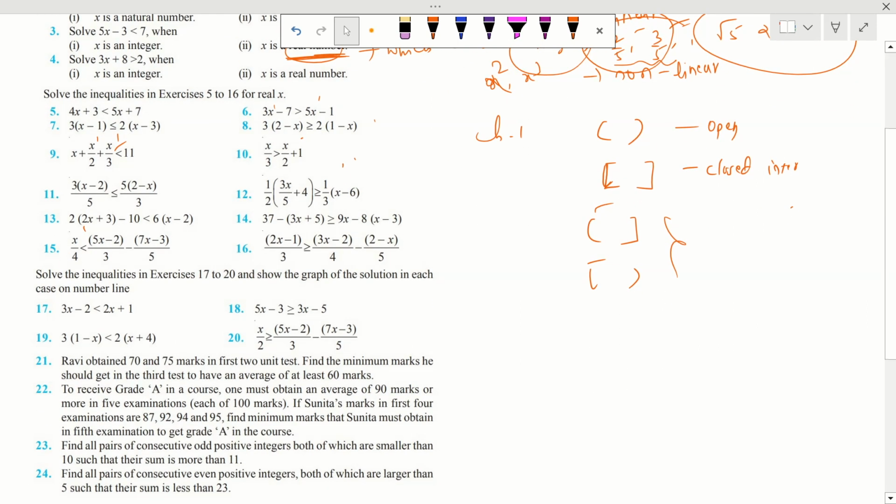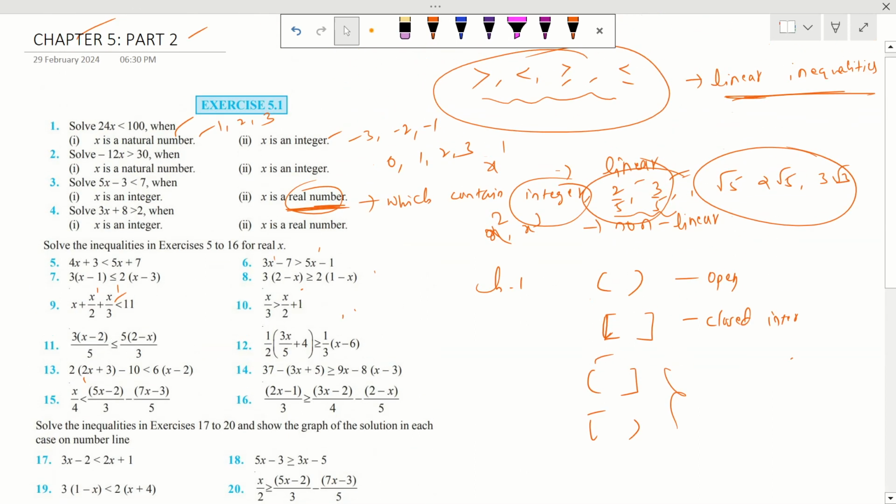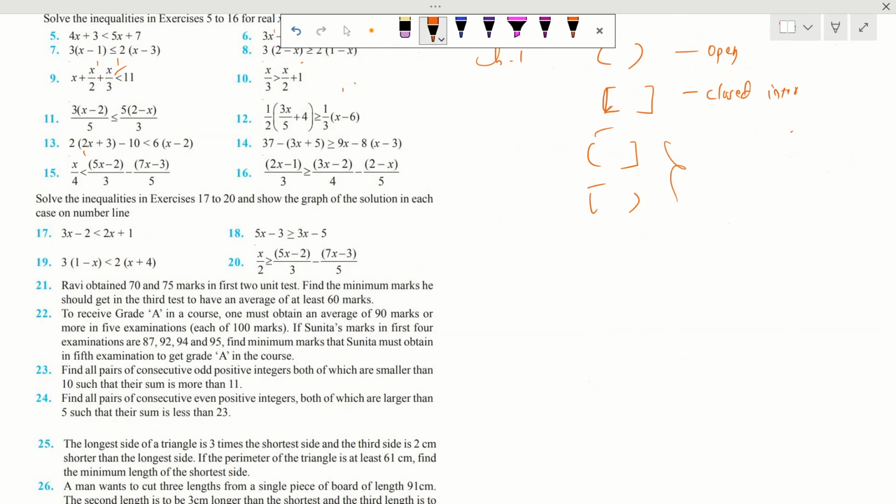One more thing I want to mention: we are finding the solution of x. When x is a natural number or an integer, the solution of a set of linear inequalities is written as a set, in curly brackets.